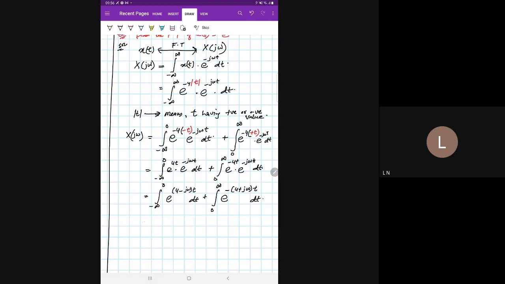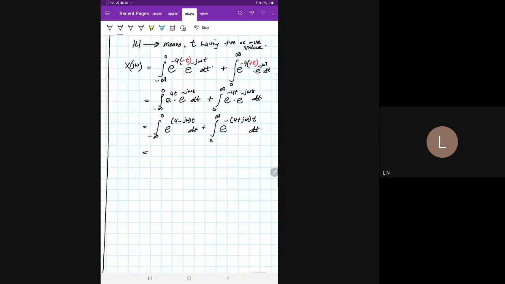Now see, the integration of e raised power at is e raised power at divided by a.